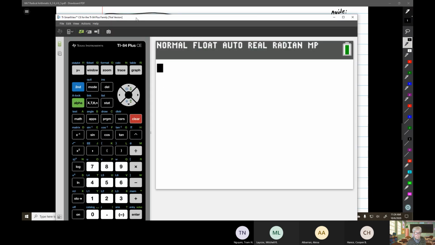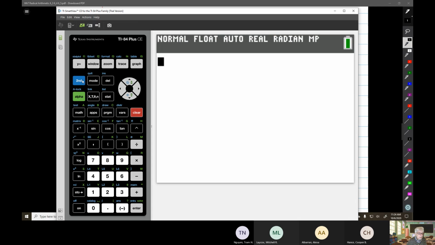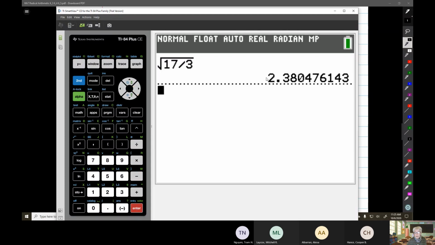Pull that all the way out. The square root of 17 divided by 3. Hit the right arrow key. Now I'm going to say enter. There's what it equals. Okay, now the square root of 17.